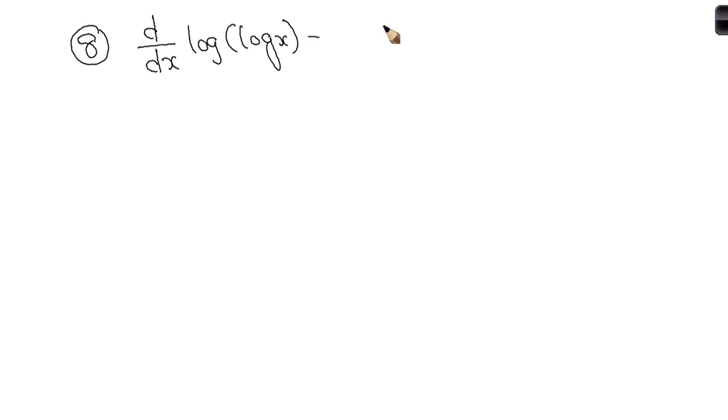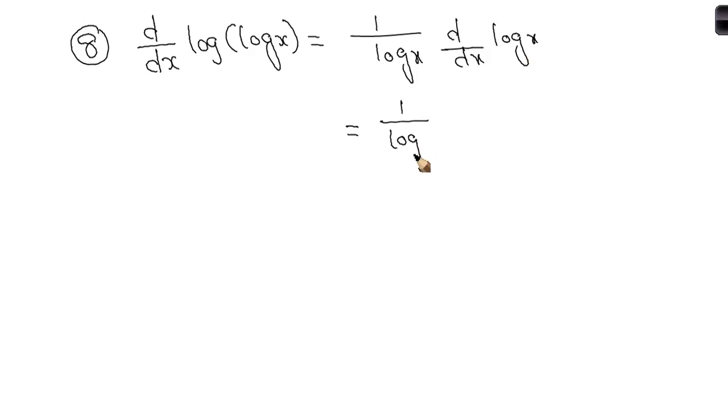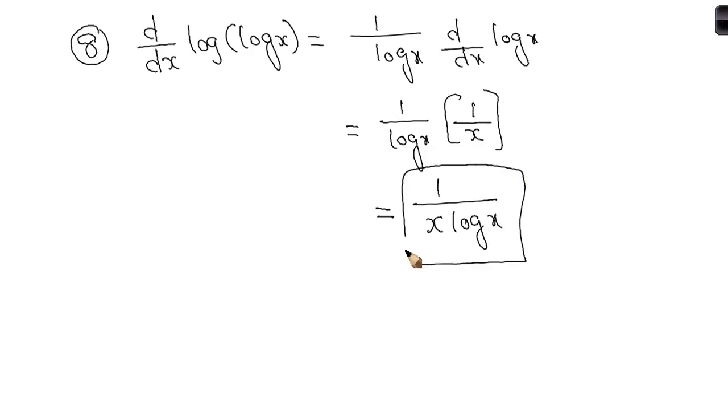The derivative of log log x would be 1 by log x into the derivative of log x. So this would be 1 by log x into the derivative of log x, which is 1 by x. So this would become 1 by x times log x.